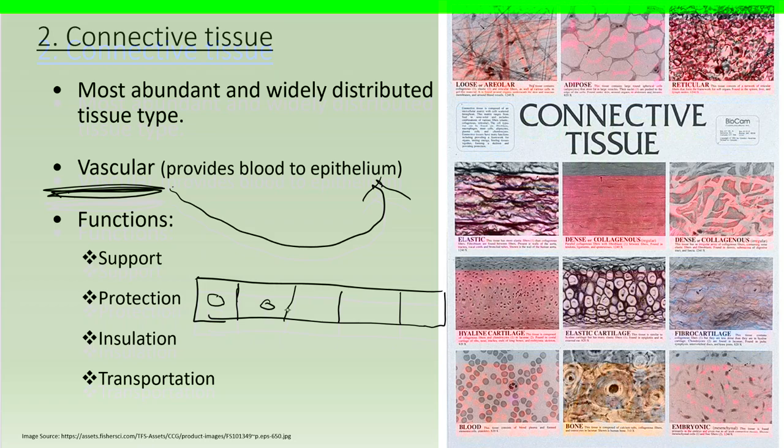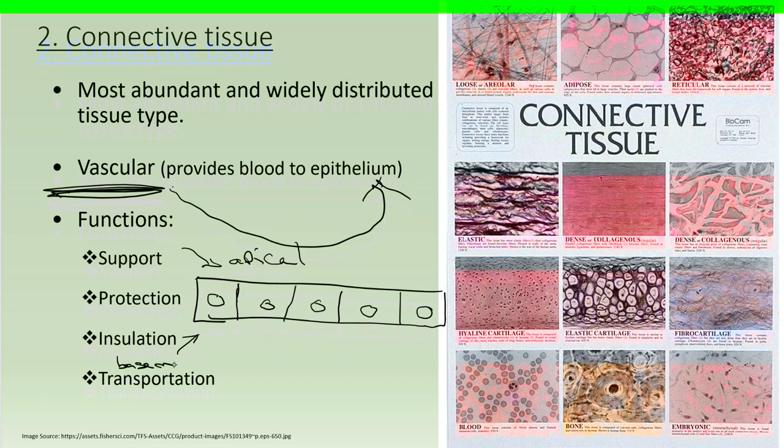So this guy here would be a simple cuboidal because it looks like cube-shaped cells, but there's only one layer of them. So you're looking at 5 different cells that are held tightly by junctions, and they are cube-shaped and 1 layer thick. This side up here, let's make this the apical layer, so it's falling into the free surface area, and this layer, let's call it the basement layer.